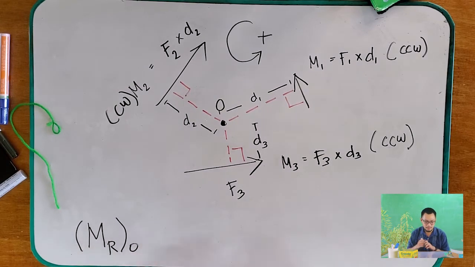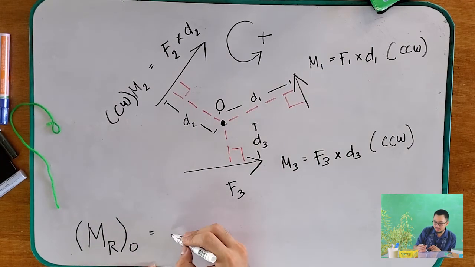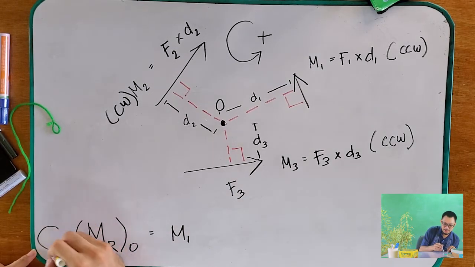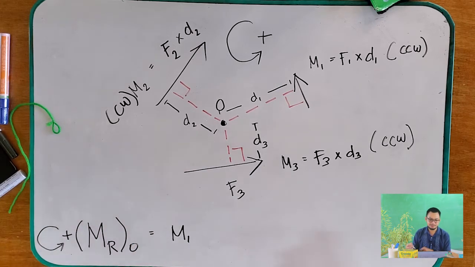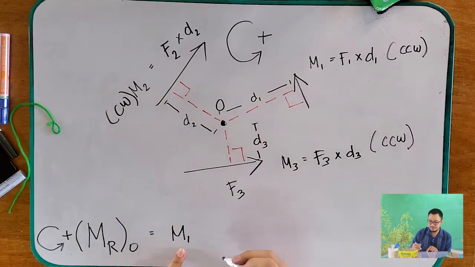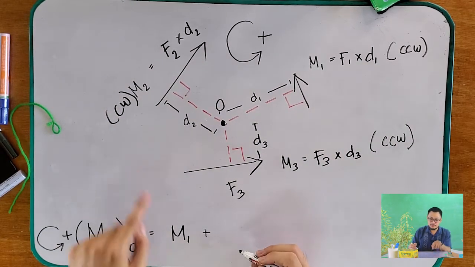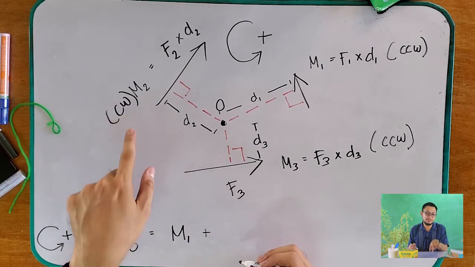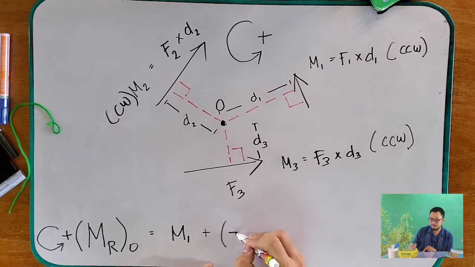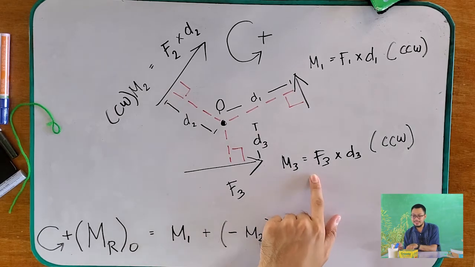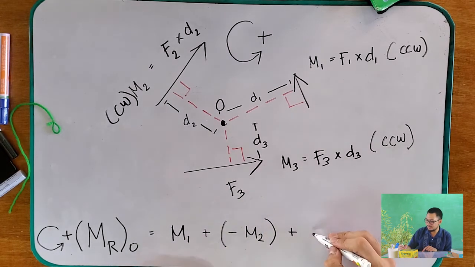Resultant moment at point O is equal to M1, assuming that the counterclockwise direction is positive. M1 is positive because it is counterclockwise, plus M2, which is clockwise, so therefore minus M2, plus M3, which is counterclockwise, therefore positive M3.